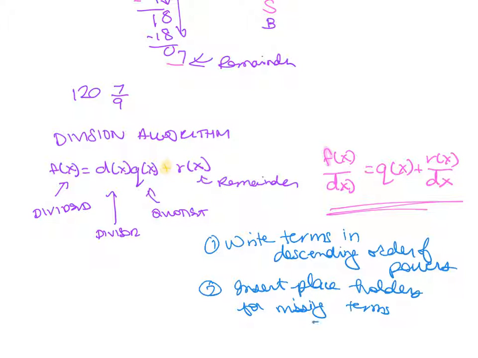And you put 0 coefficients. So for example, if we have something that's x cubed minus 2, we would have to put placeholders for our x squared and our x. Okay, so those are just some reminders.